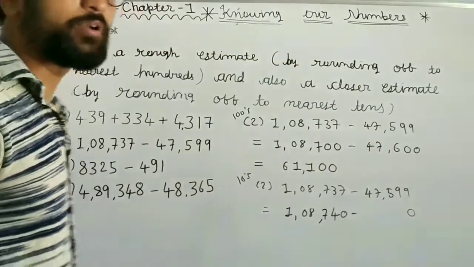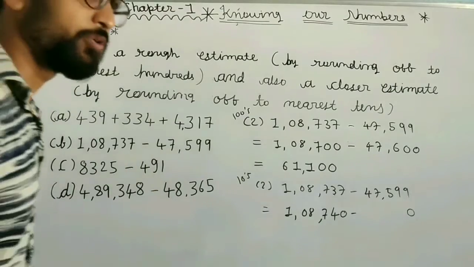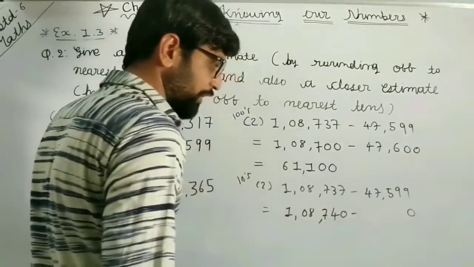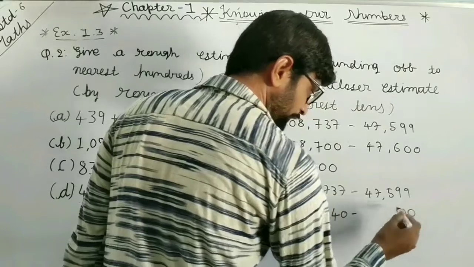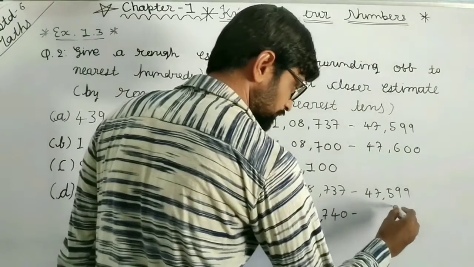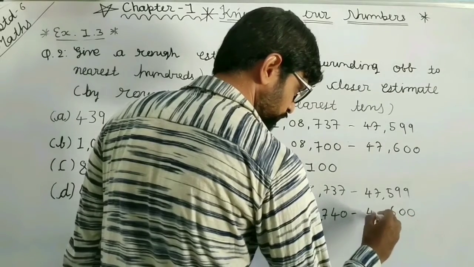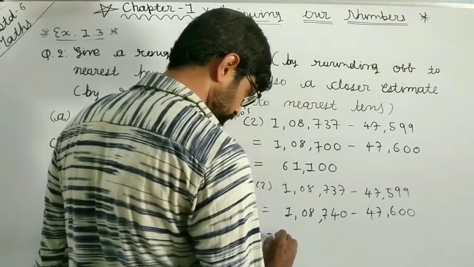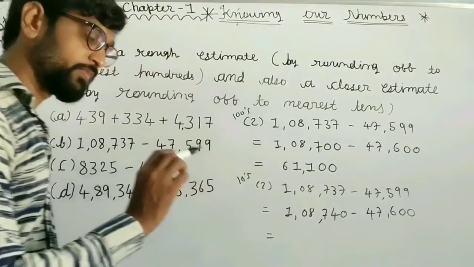So at that time what do we have to do? We have to take a carry. Here we have to put 0 and take the carry to this 1. Means 5 plus 1, 6. 47. Is that clear to everyone?